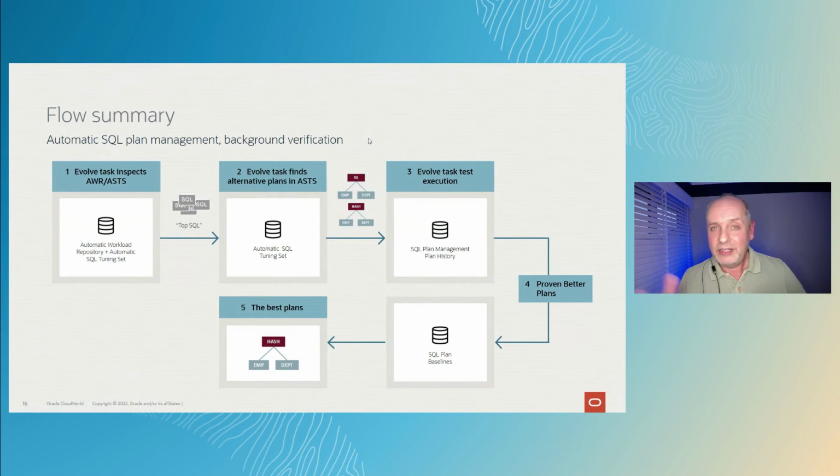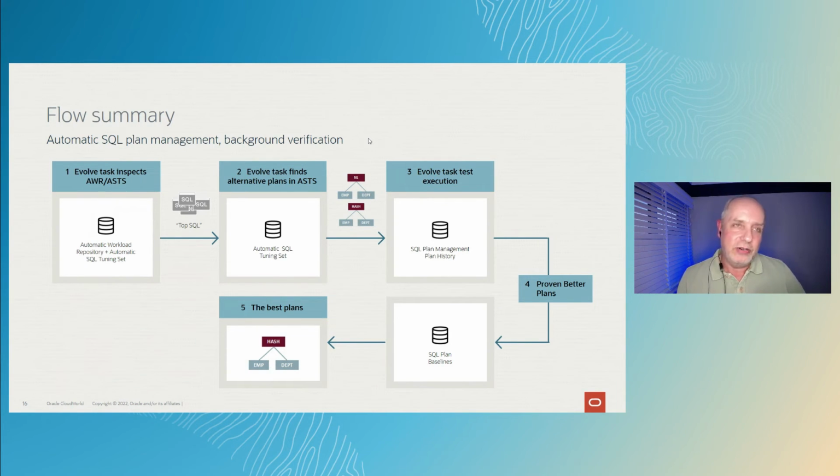And we can test execute the SQL statement with those different plans. And if we find a plan is proven to be better, we can instantiate that. We can say to the optimizer, this is the plan we want to use. Let's reinstate a plan that has stopped being used, for example. And to do that, we'll create a SQL plan baseline.